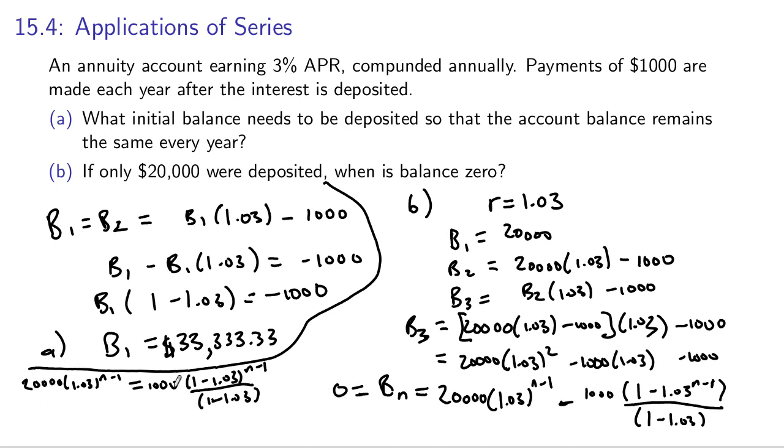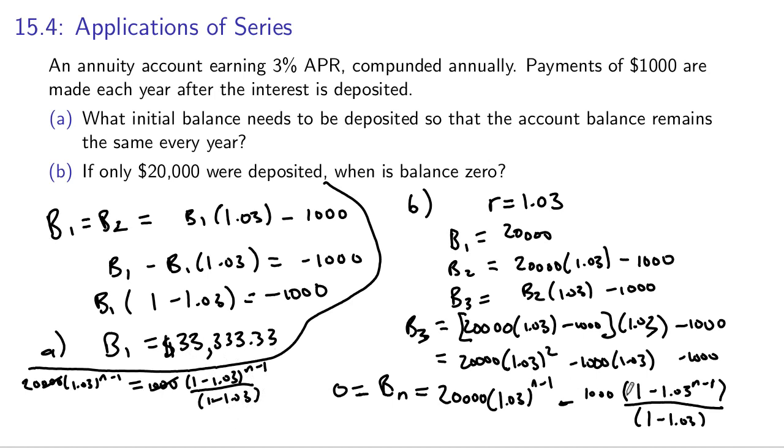We can divide both sides by 1,000 and cancel out the thousands places of the 20,000, left with 20.